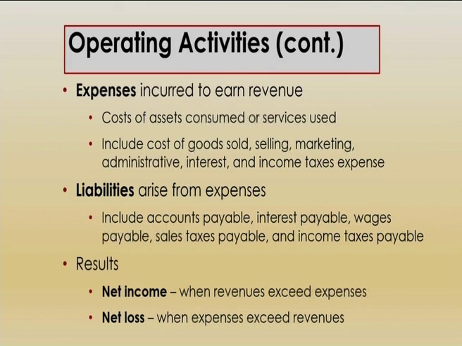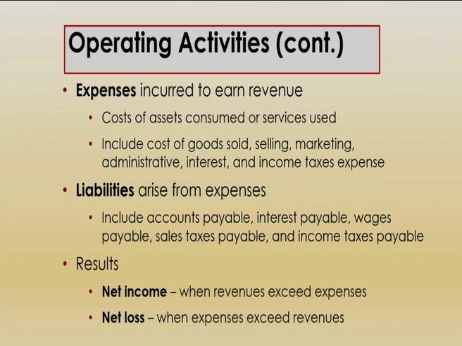Other operating activities include expenses incurred to earn revenue. These expenses can be the cost of assets consumed or services used, or they can include cost of goods sold, selling, marketing, administrative, interest, and other tax expenses.